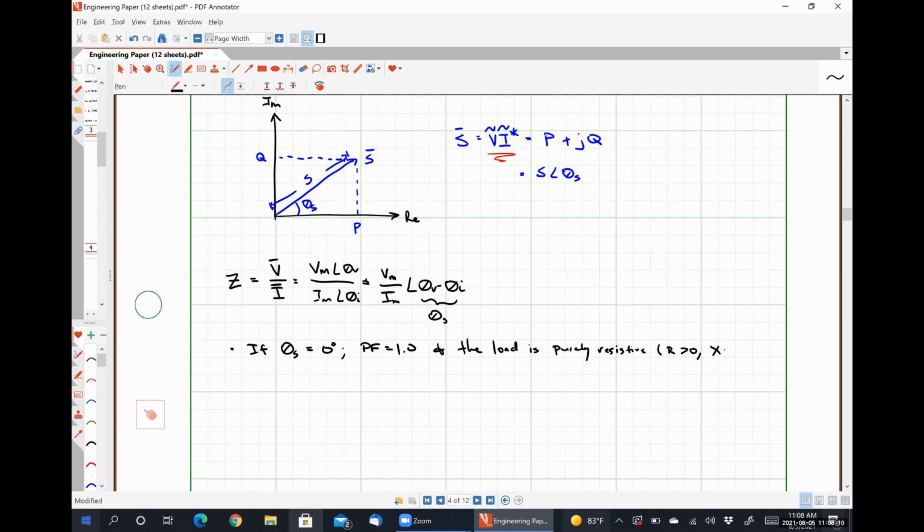And our reactance, X, is exactly equal to 0. If 0 degrees is less than theta s, is less than 90 degrees, our power factor is lagging.